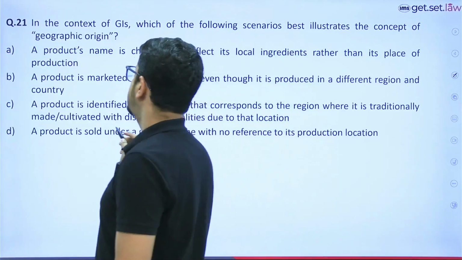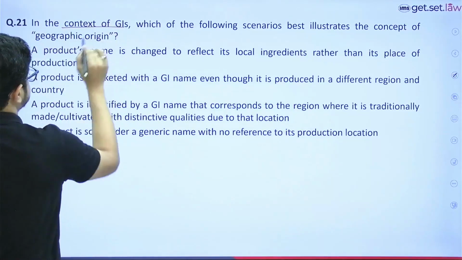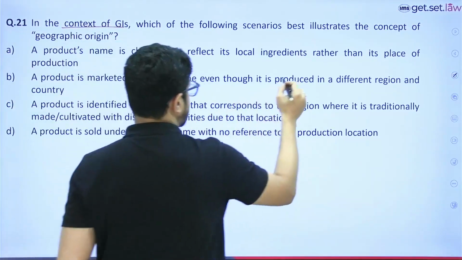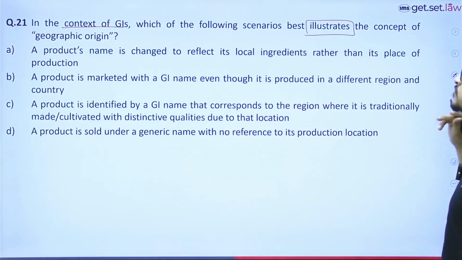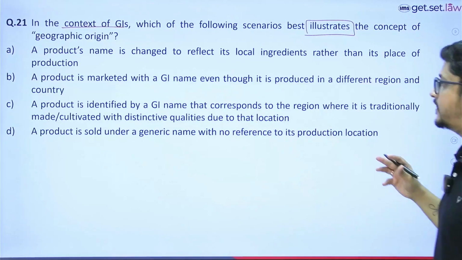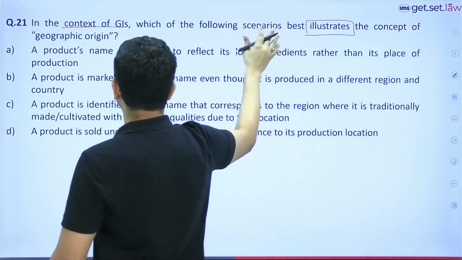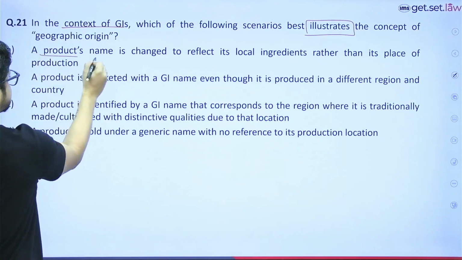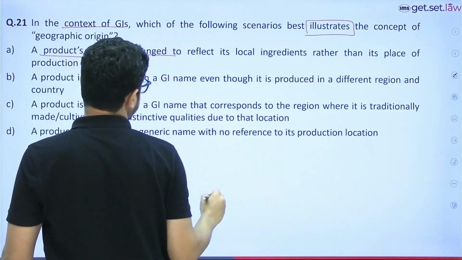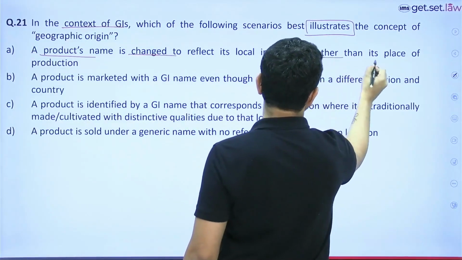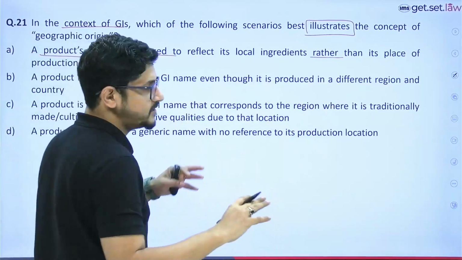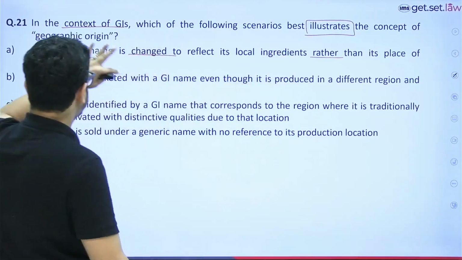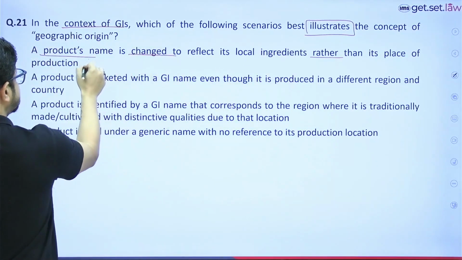Chalo. 21st. In the context of GIs, which of the following scenarios best illustrates the concept of geographic origin? We need to understand which of the following is illustrating. So the product's name is changed to reflect its local ingredients rather than its place of production. This is wrong because it is not illustrating the concept of geographic origin, because you are changing the production.